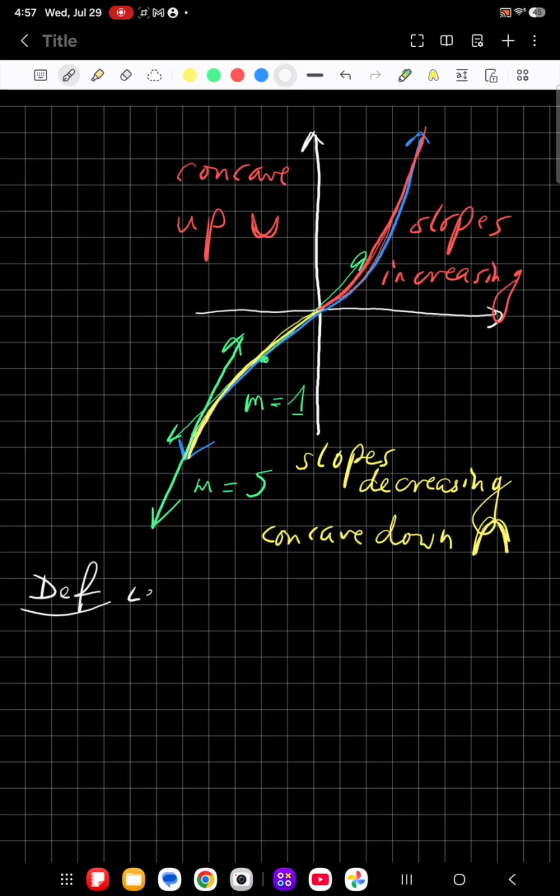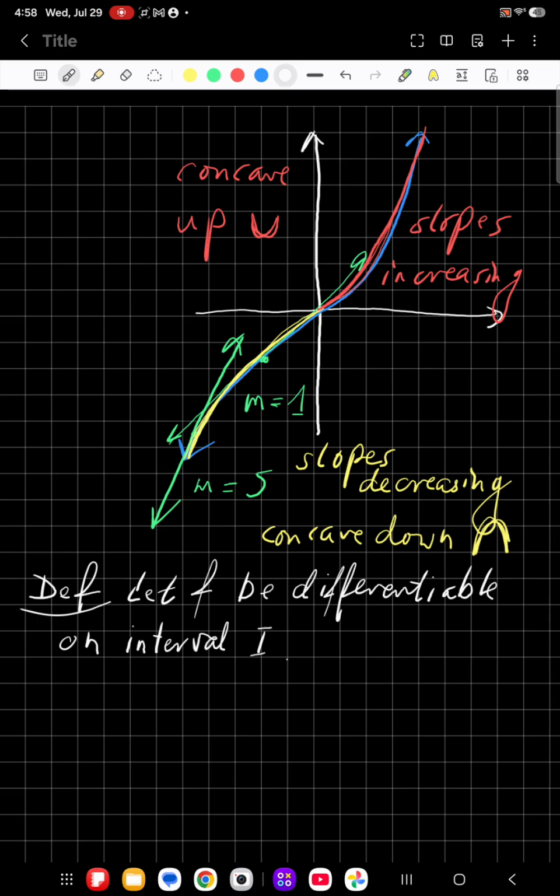So let f be differentiable on a certain interval I. The graph is concave up, or concave upward, on that interval.